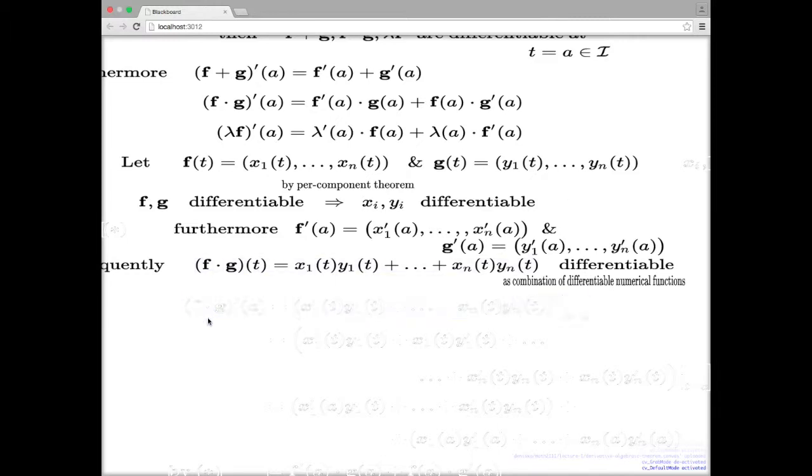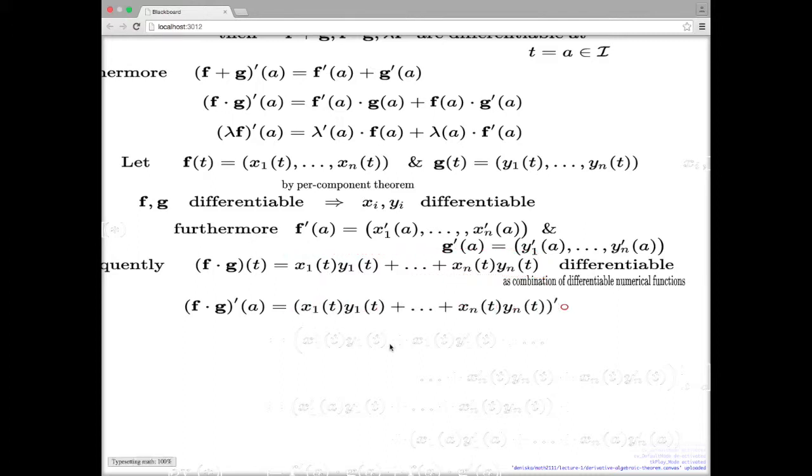So when I differentiate this, by the way, this dash which sits here is a derivative of a numerical function, because f dot g is a numerical function. So you apply this derivative to this long combination. But all of this is numerical differentiation. We all know how to do that. It's first year stuff.